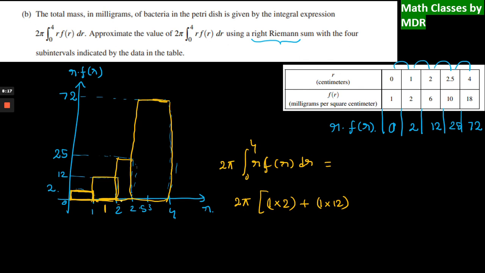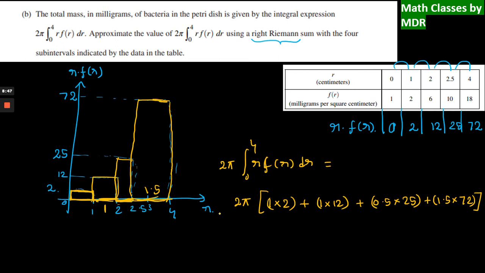and for the third block, the length is 0.5 and the height is 25, so 0.5 into 25. And for the fourth block, we have the length as 1.5 and the height as 72. Right? So this is what we have.